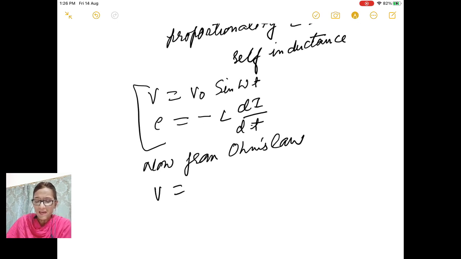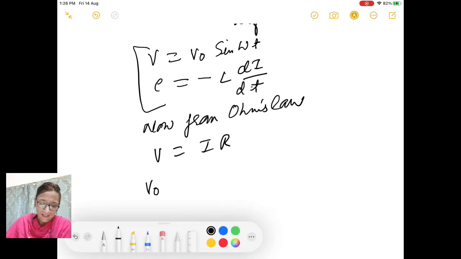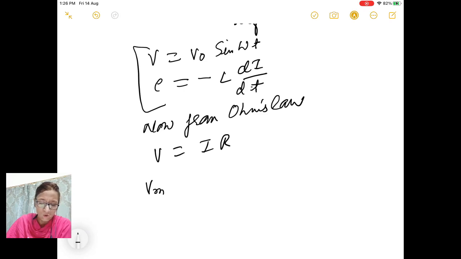we know that V is equal to IR, and therefore in place of V, here the voltage supplied to the circuit V0, or better you should say voltage amplitude. This must be said as voltage amplitude. It makes the sense more clear. So V is equal to Vm. Here we should use M. Vm sin omega t and this one more induced EMF in opposite direction.